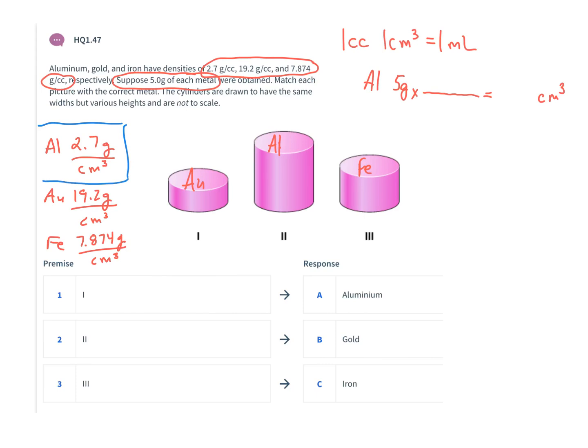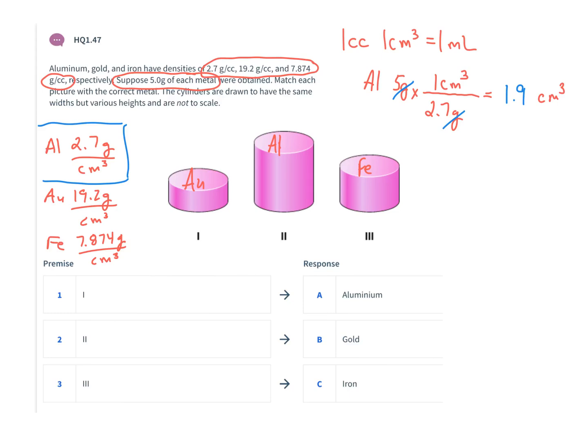Density will allow us to convert from mass to volume. So when I use that conversion factor, I want mass to cancel out, so I should put 2.7 grams down here for every 1 cubic centimeter. And then when I multiply that across, grams cancel out, and I'm left with approximately 1.9 cubic centimeters. That should be the volume of 5 grams of aluminum.